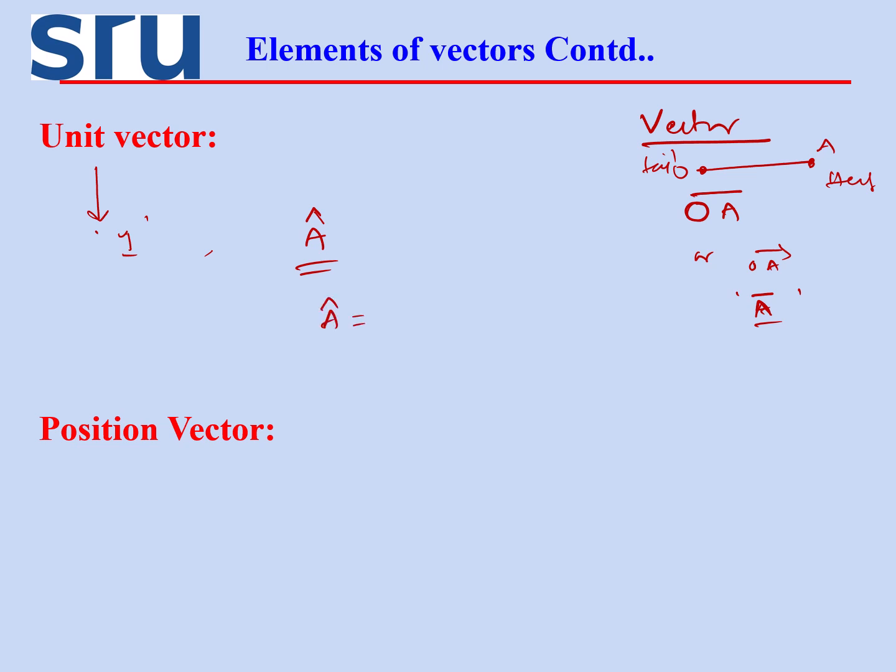A cap equals that vector divided by the magnitude of that vector. Using this we can find the unit vector. Now coming to the position vector.